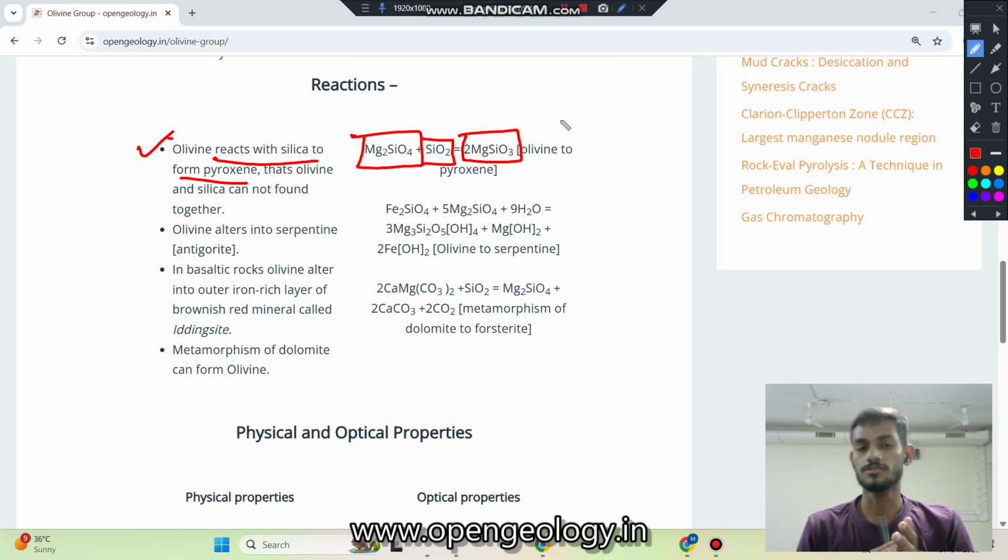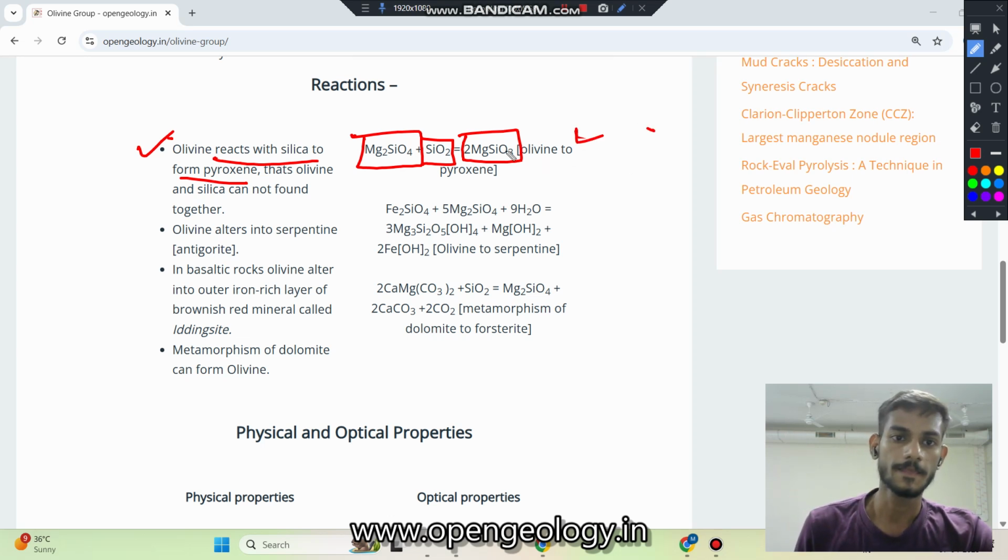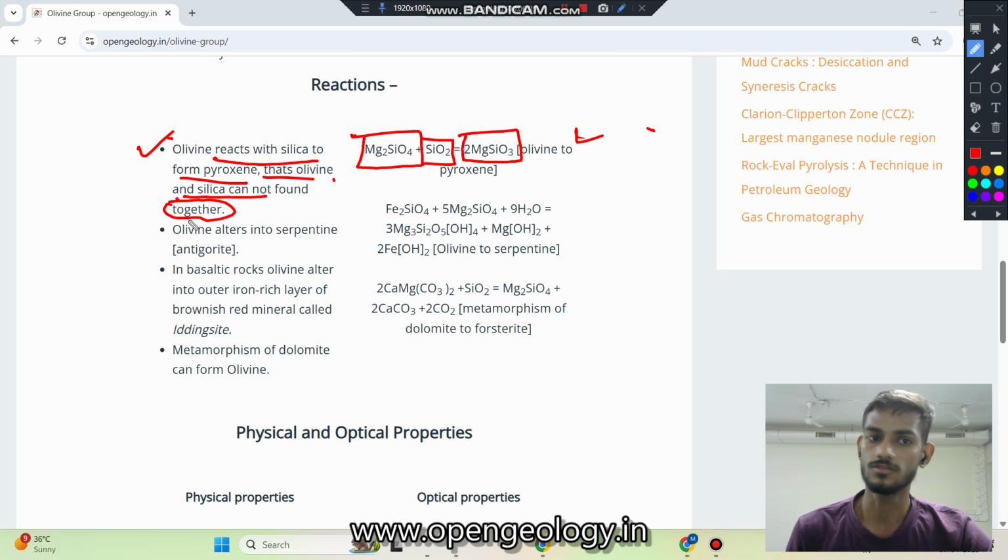Now this is the question, because whenever there is presence of silica, olivine is going to react. That's why olivine and silica cannot be present together. Okay, so this is one of the reactions. That's why olivine and silica are not found together.